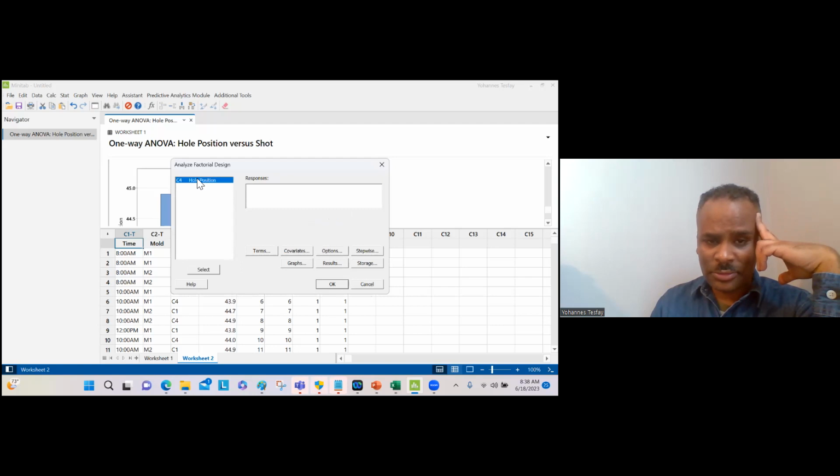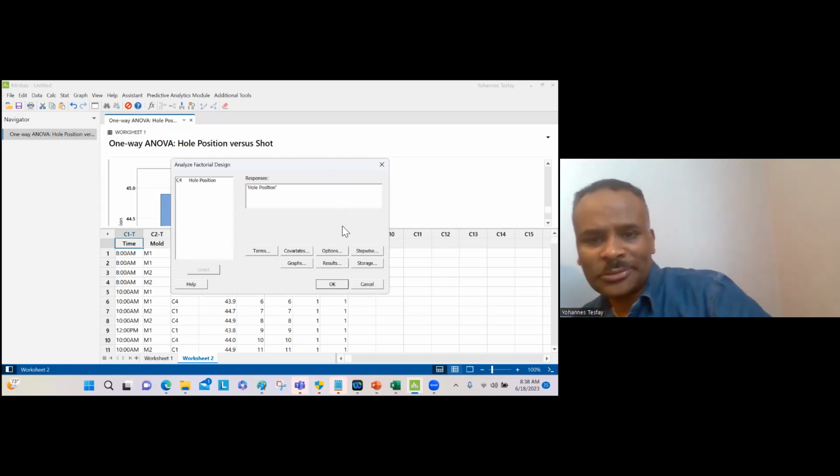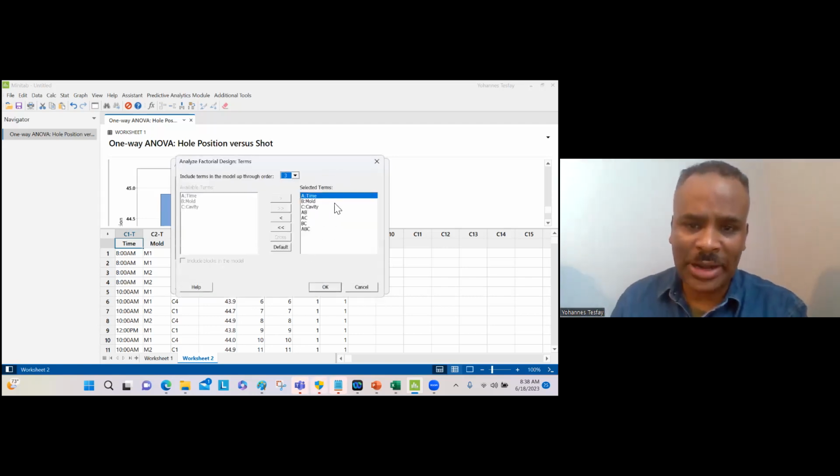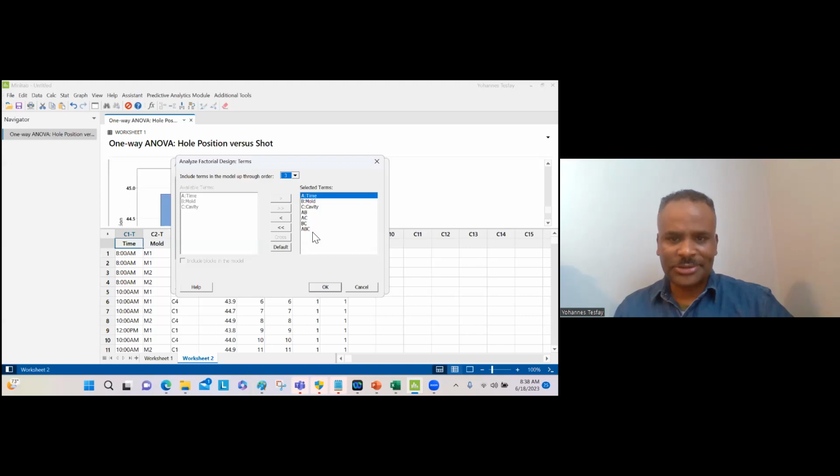The response is pull position. After that, in terms, I put them all in: time, mold, cavity, the interaction between time and mold, between time and cavity, between mold and cavity, and all like that. Then I'm going to say okay.